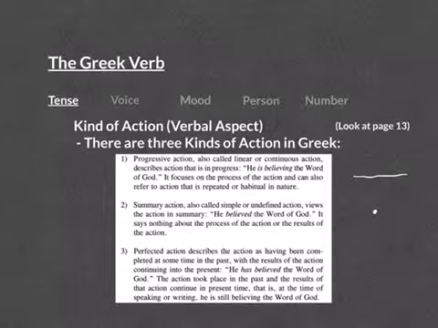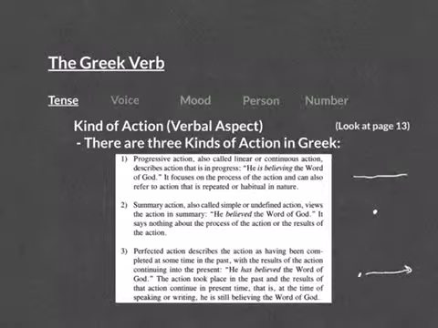Number 3 is perfected or perfective aspect. And this describes the action as having been completed in the past with the results of the action continuing into the present. So the example here is, he has believed the word of God. Well, because it is in the perfect tense, it's not only that he believed at one point, but that believing is going to continue on.